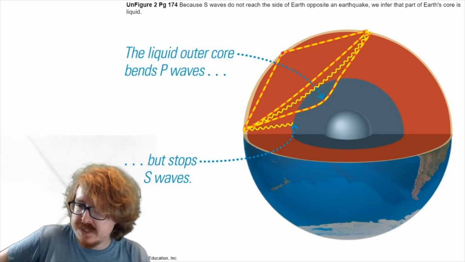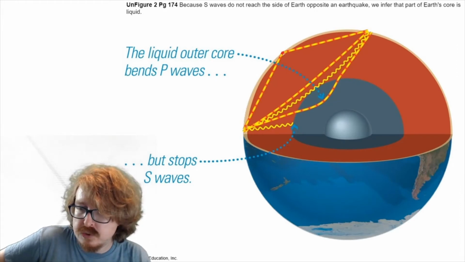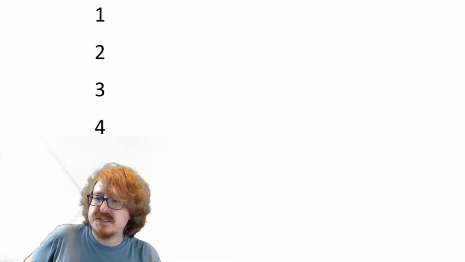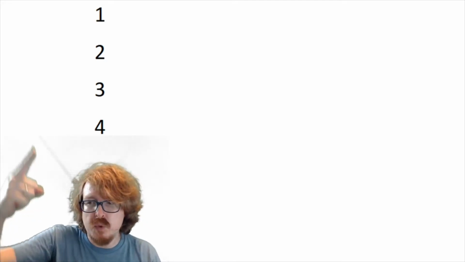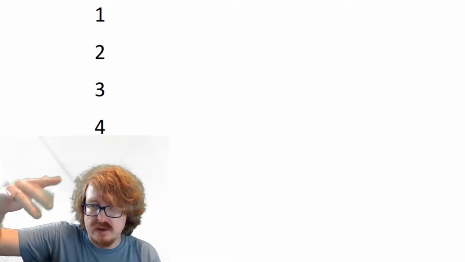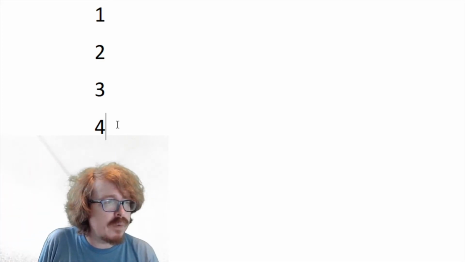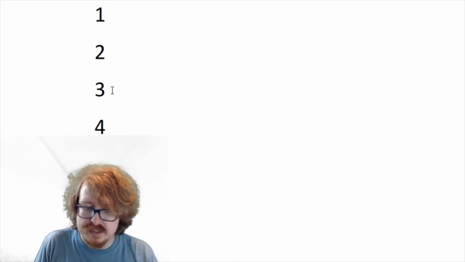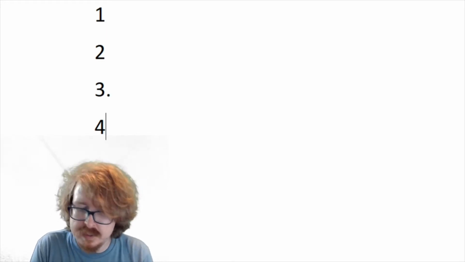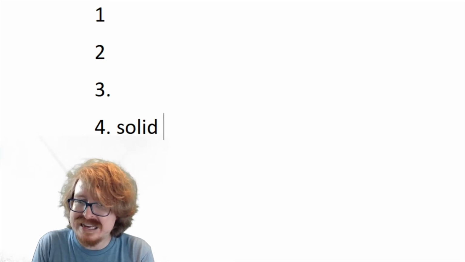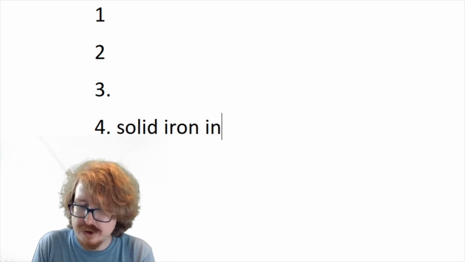So I'm going to pop over to my text screen. And the way this is going to work is that the number 1 at the top is what we're walking around on, and 4 is the very center of the planet. So what we call these 2 core layers on the inside, here we go, let me do this. The very middle is called the solid iron inner core.